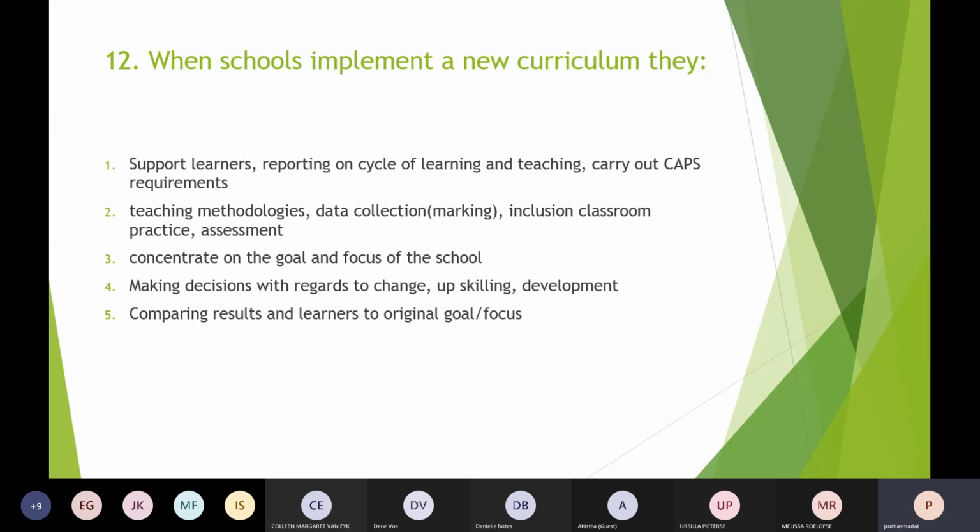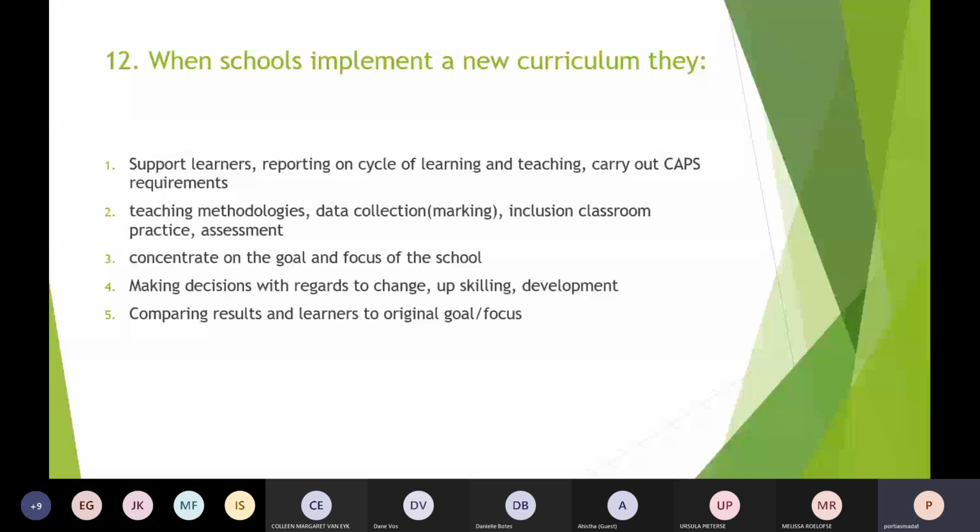When schools implement a new curriculum, what do they look at? Number 1 says support learners, reporting on cycle of learning and teaching, carry out CAPS requirements. Number 2 says teaching methodologies, data collection, inclusion, classroom practice and assessment.